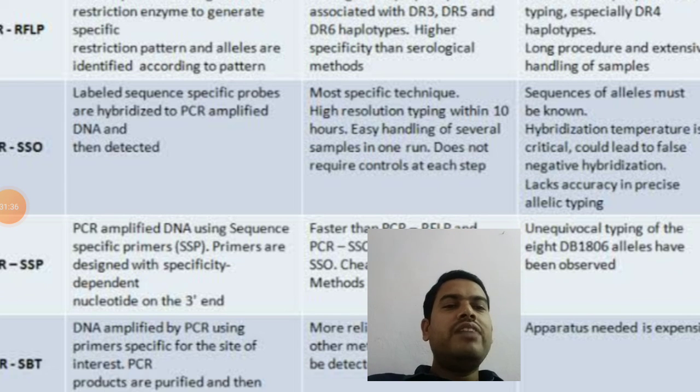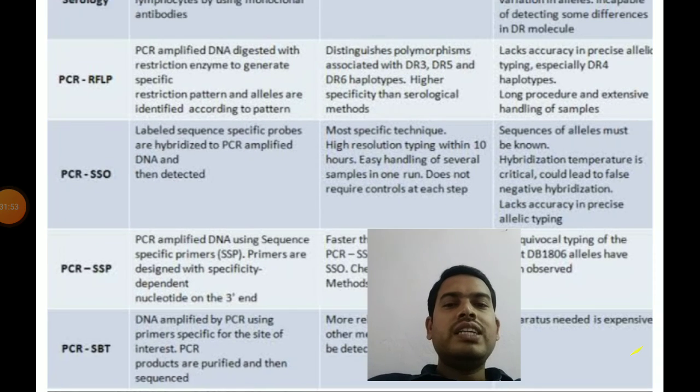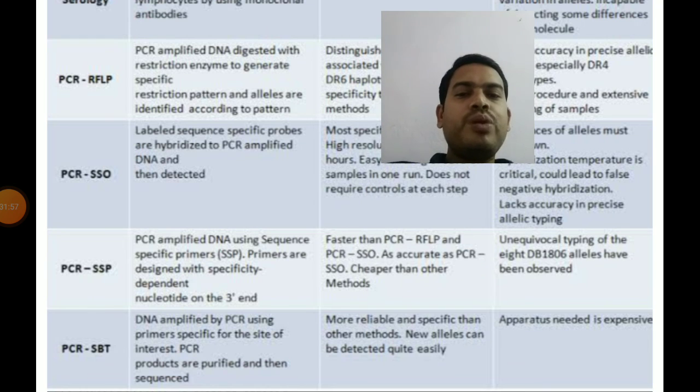But the major disadvantage is that the sequences of the alleles should be known. All the sequences of the alleles for the construction of the probes should be known. Otherwise, if construction of these sequence specific probes is difficult, you cannot perform this experiment. So that is the disadvantage of HLA typing using PCR sequence specific probes.